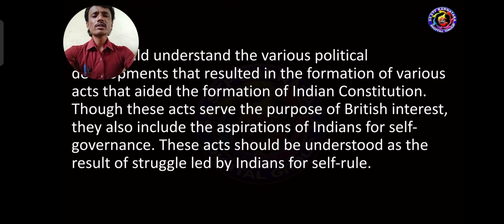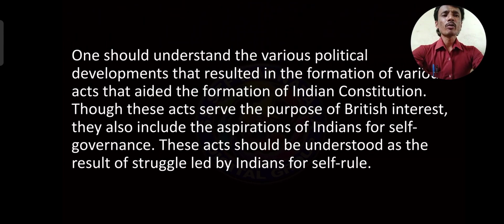So dear students, this topic you have to particularly understand. One should understand the various political developments that resulted in the formation of various acts that aided the formation of the Indian Constitution. Here in the historical backdrop of our Indian Constitution, the Britishers implemented various political developments, meaning different types of rules and regulations. This is very useful in the future formation of our Indian Constitution.